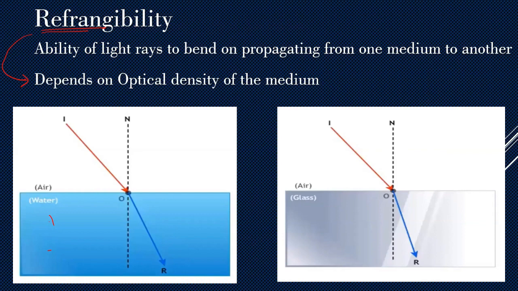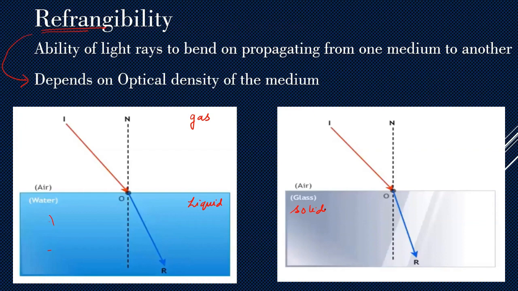Now, when we compare air and water, what is air? Air is a gaseous medium, water is a liquid medium, and glass is a solid medium. We have studied the basics that when these mediums change, the density of the medium also goes on increasing. Density is defined by mass upon volume.